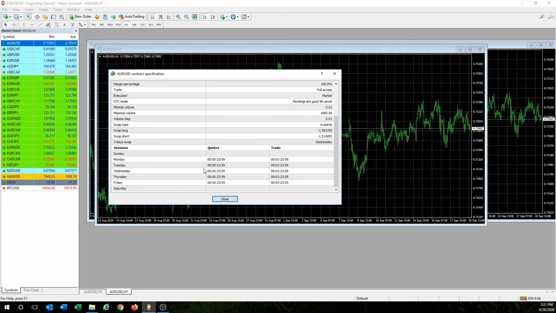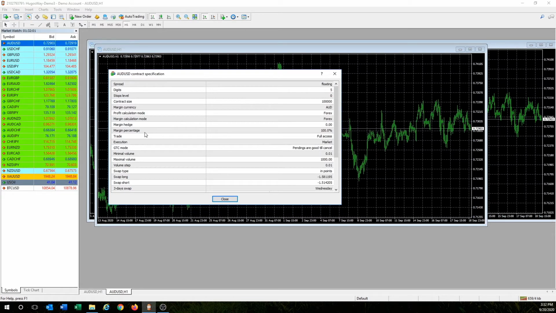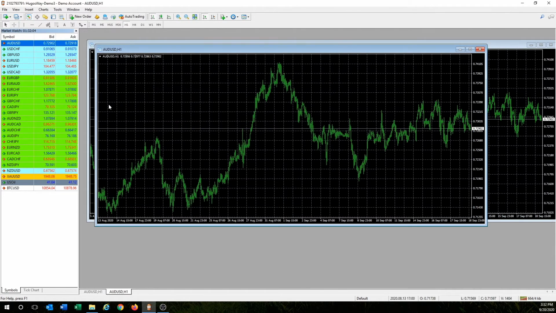It also talks about swap fees. I'm going to go over this in a future chapter. Swap fees are just when you leave trades open overnight, there's a small fee for interest, but I'll talk about that later. It's nothing you have to worry about right now. I just want you to know how to navigate MetaTrader 4. So we can just close that.